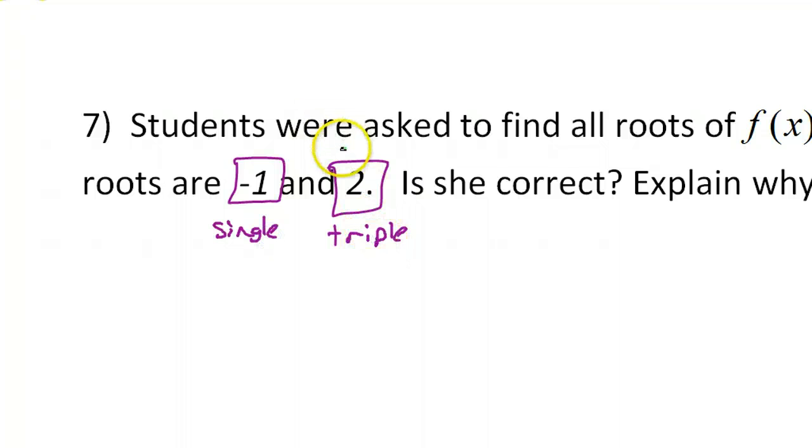If 2 was a triple, then that would be an inflection, where it sort of flattens out and keeps going like that.